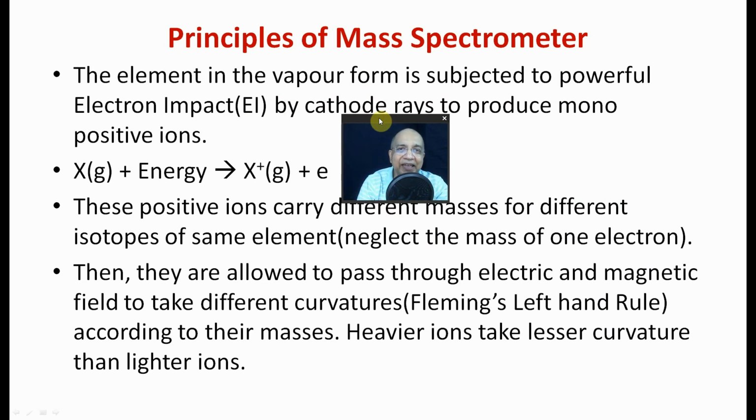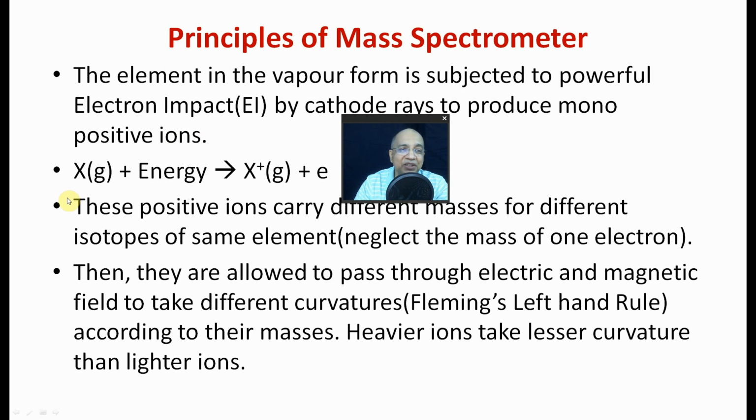Then each atom loses one electron from its valence shell and becomes a monopositive ion. Only one electron, because the electron impact energy is so calibrated that it exactly knocks out one electron from each atom. So each atom is converted to a monopositive ion.